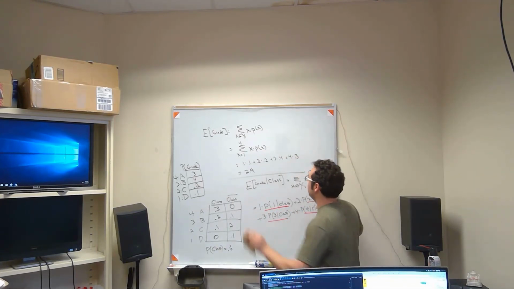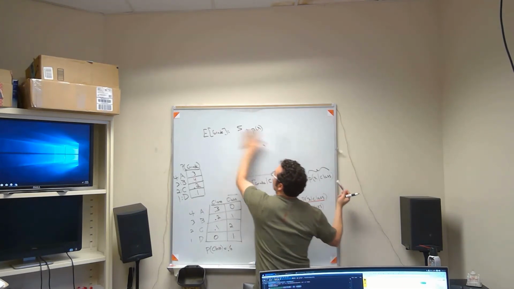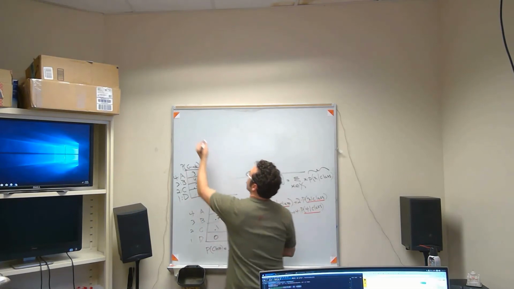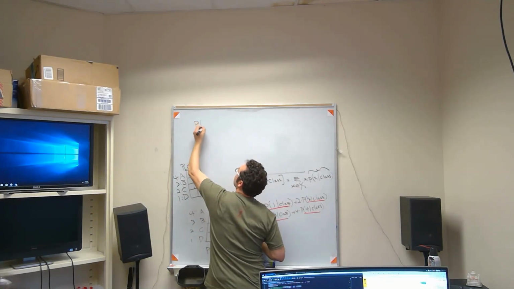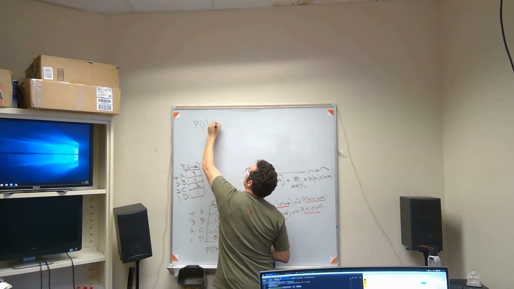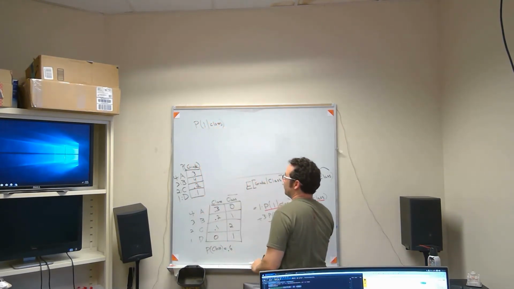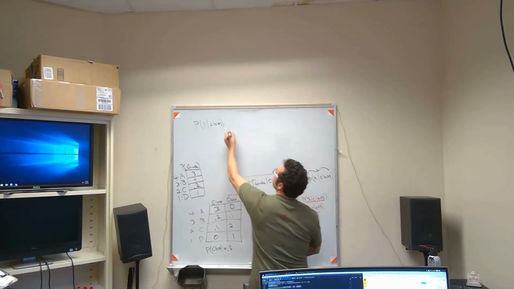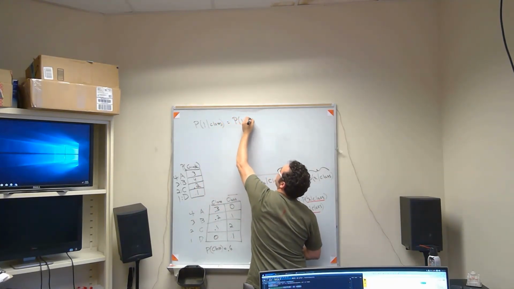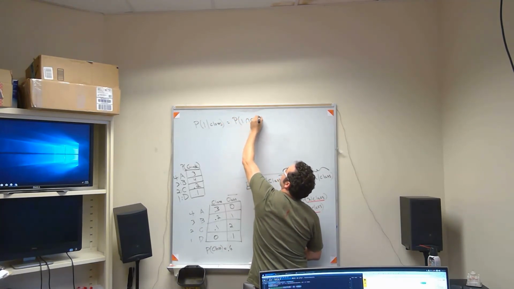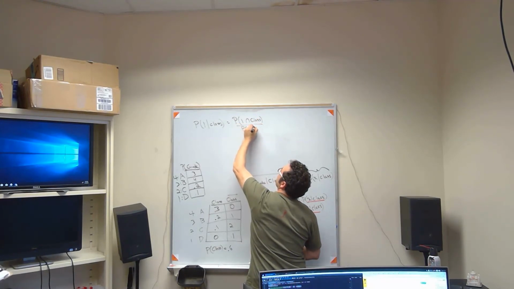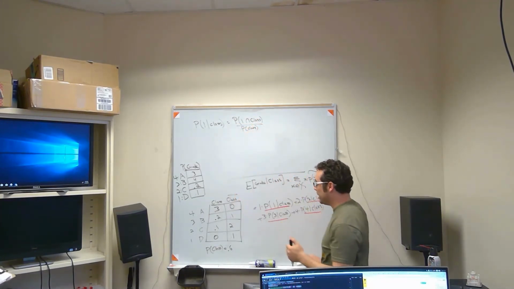I'm going to erase this stuff up here and we'll calculate it out. The first one: what's the probability of getting a D given you go to class? From the law of conditional probability, that's equal to the probability of getting a D and going to class, given that you went to class. We have all these values.